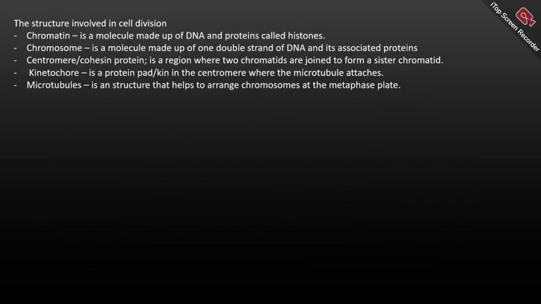Next, familiarize yourself with these terms which I used. The chromatin, which has no other name, is just known as the chromatin. It is a molecule made up of DNA and histones. You should go through the chromosome, which we have talked about. And the centromere, the cohesin protein.